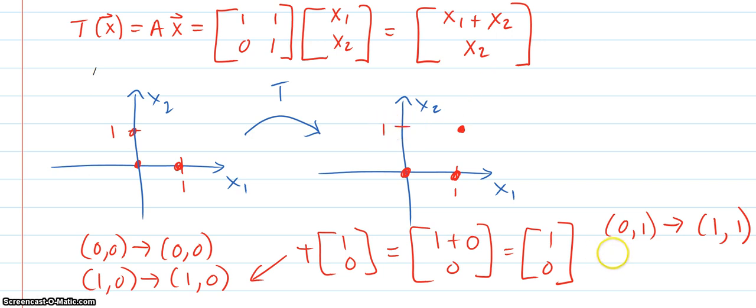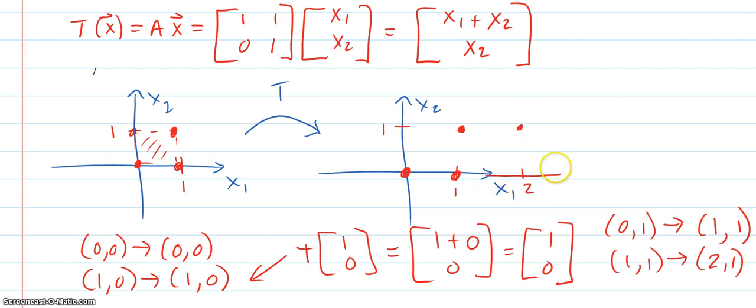Finally, I'm going to choose the point 1, 1. I'm thinking of making this little box right here. And for 1, 1, you would add those two, so you get the point 2, 1. So that point right there would transform to this point right there, and let's extend that.